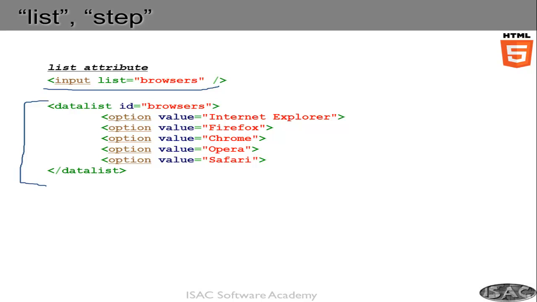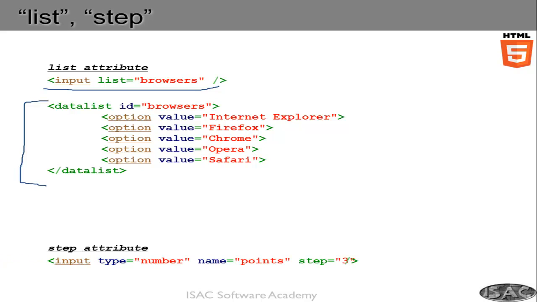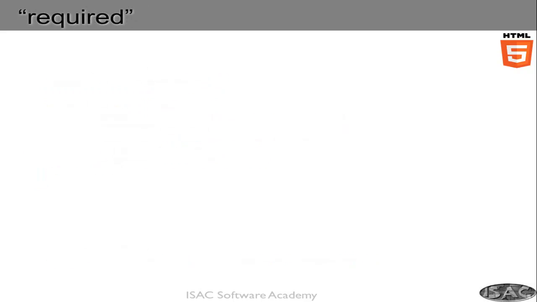You can declare at one place and you can reuse it in all the forms just by saying input list equals to browser. Now step attribute we understood. It is when you want the user to enter the data in a particular frequency, like after every 2 numbers, every 4 numbers, every 6 numbers, that time you will use the input type attribute step.